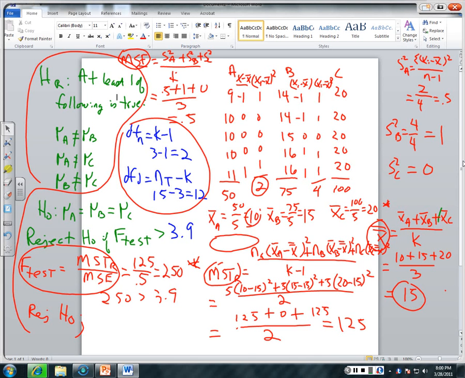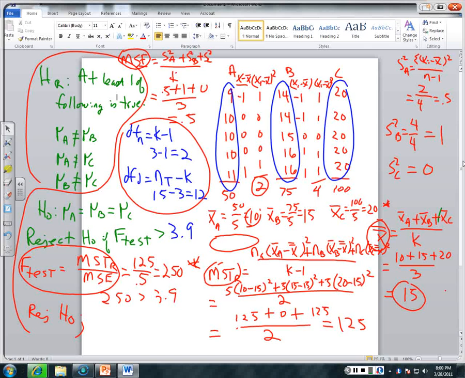Then the original data: in list 2, I'm going to have a pair of 14s, a 15, and a pair of 16s. And in list 3, I'm going to have 5 20s.